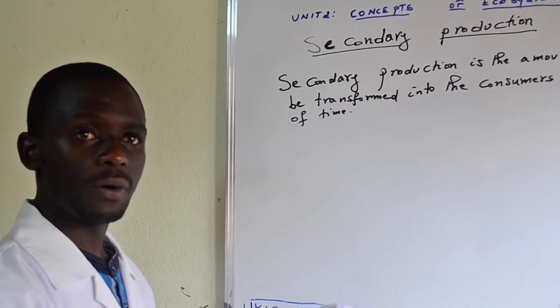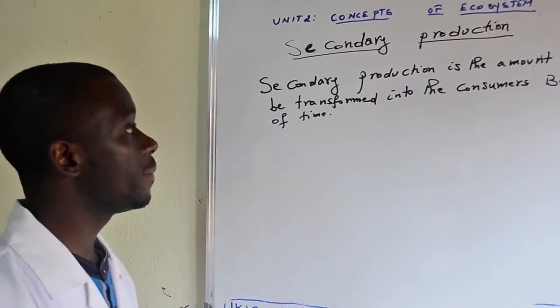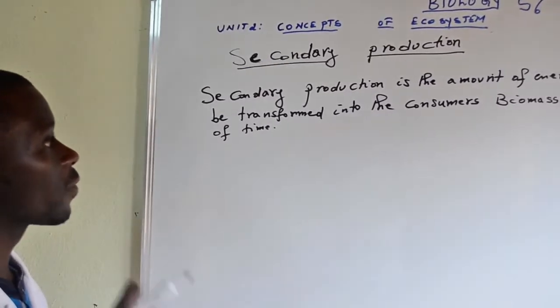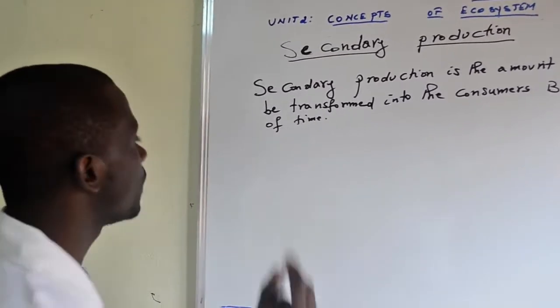When it is for many organisms within the ecosystem, we calculate the total amount and we call it the gross secondary production.